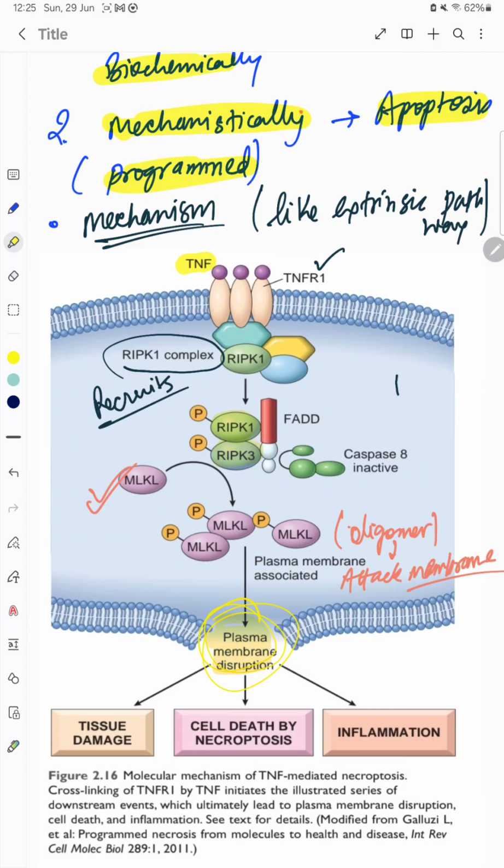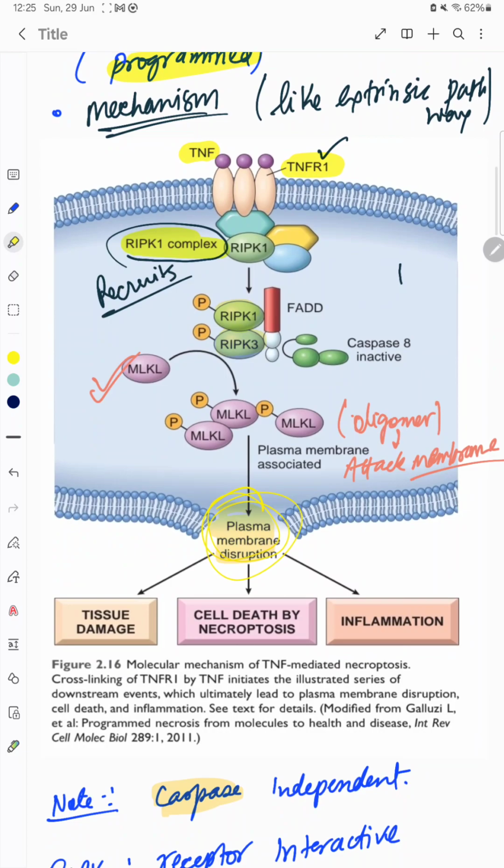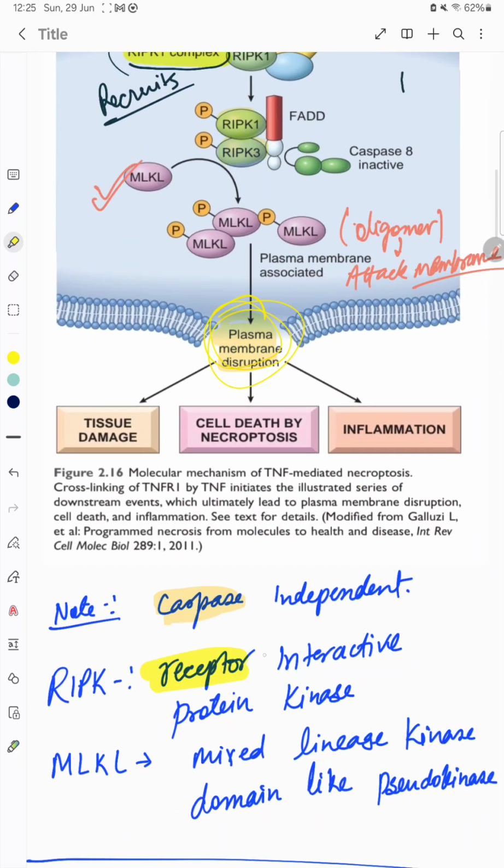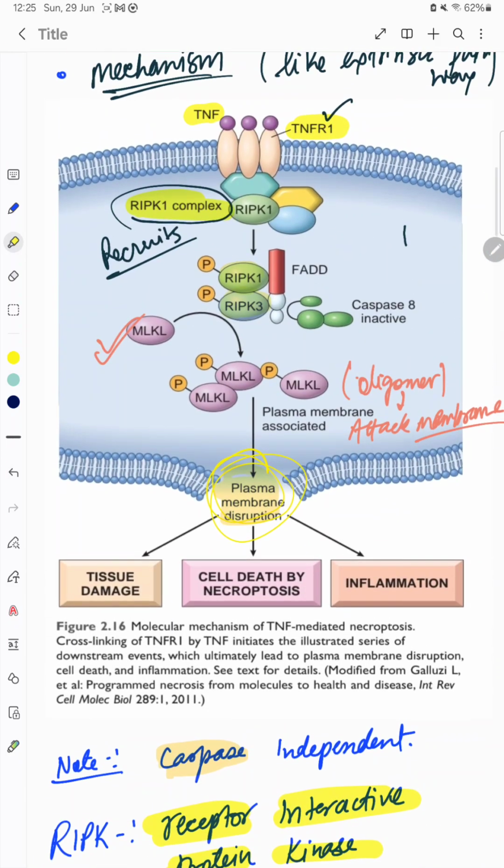Start with the TNF, which binds with the TNF receptor 1 and stimulates the RIPK1 complex. RIPK stands for receptor interacting protein kinases.